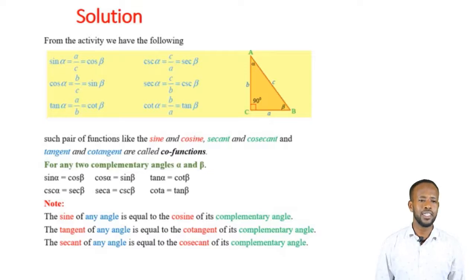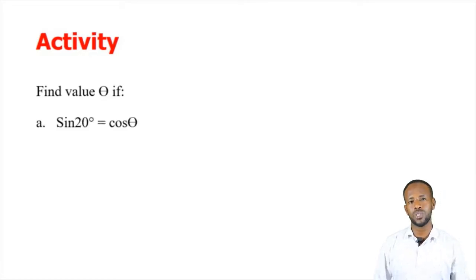Okay, let us see this activity. Though it is not an activity, let us see it as an example that we will do together. Now it says find the value of theta. Find the value of theta if a sine of 20 degrees is equal to cos theta. Can you find it, students?